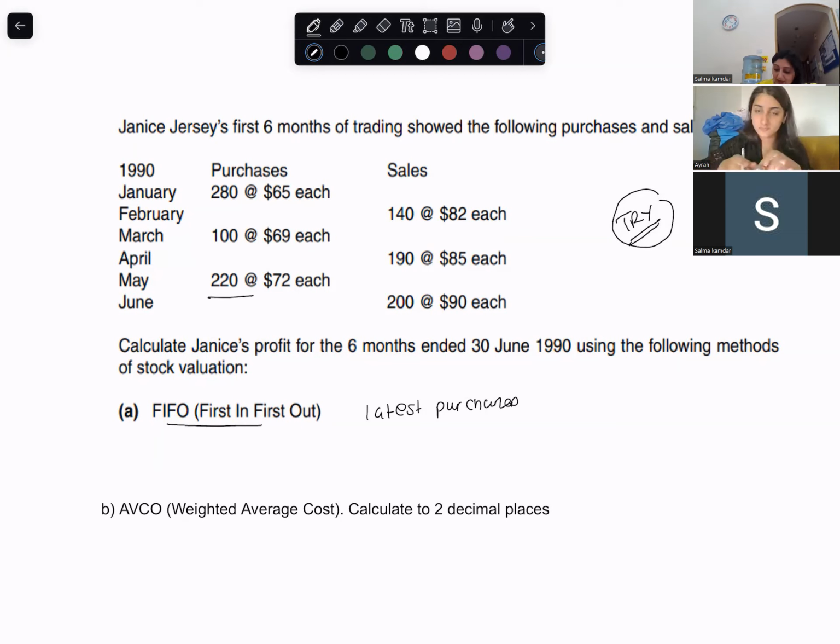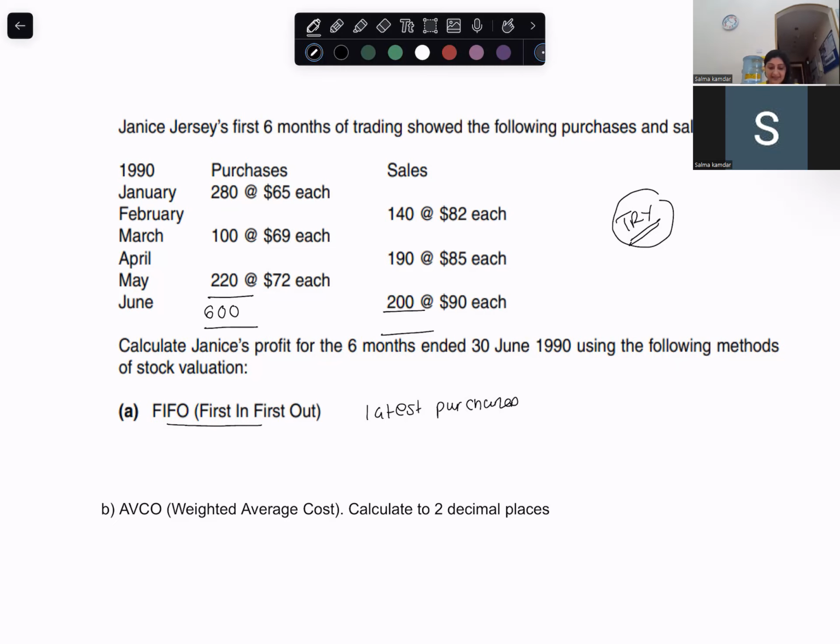You have purchased in all how many units? 280 plus 100 plus 220. So in all you have purchased 600 units. And how many units you have sold? 140 plus 190 plus 200. 530 units you have sold.